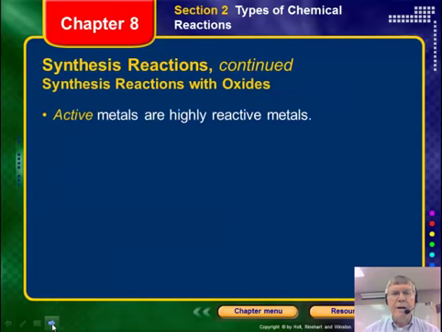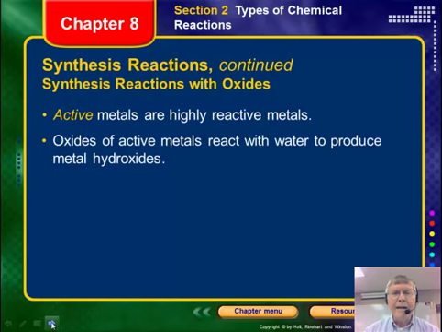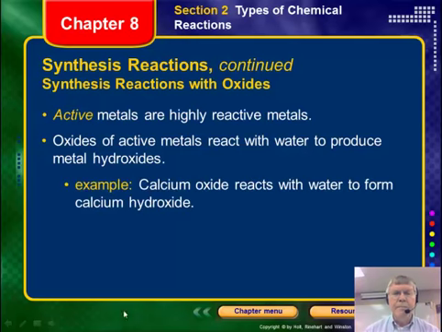Active metals are the highly reactive metals. These are the ones that tend to react. Oxides of active metals can react with water to produce metal hydroxides. This is one case where, and we'll look at this example, calcium oxide reacts with water to form calcium hydroxide. Here's a case where you do not have an element, you have a simple compound, calcium oxide, reacting with water, again, not an element, but a simple compound, H2O, to form calcium hydroxide.